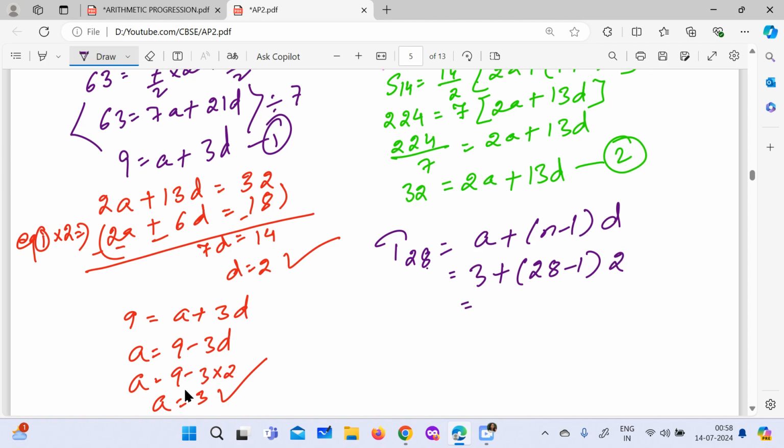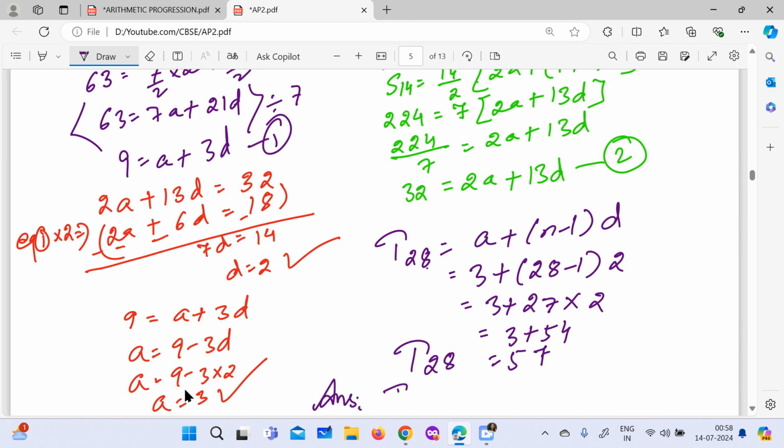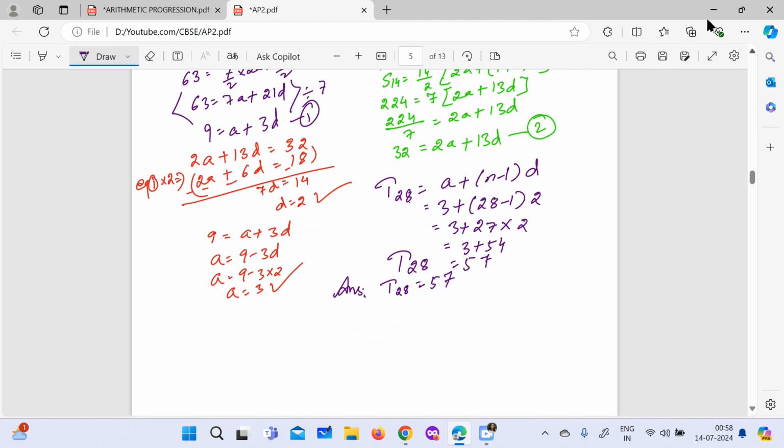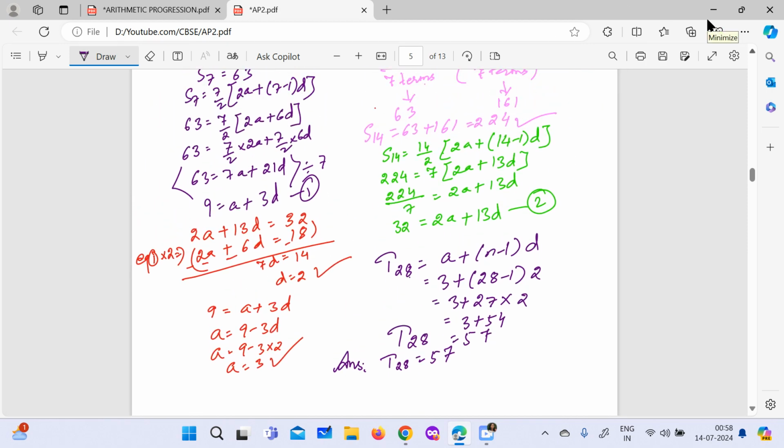So you can write this as 3 plus 27 times 2, and that is 3 plus 54, which is nothing but 57. So your answer is the 28th term is 57. Yeah, this is a little bit bigger, a lot of calculations, but it's not difficult.